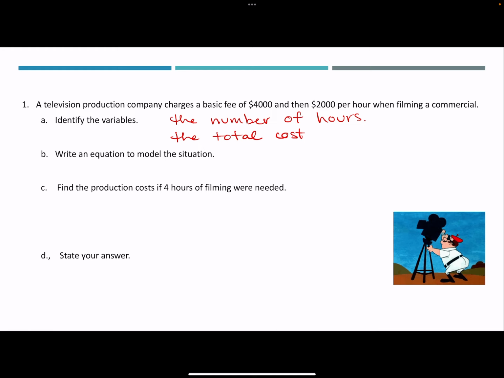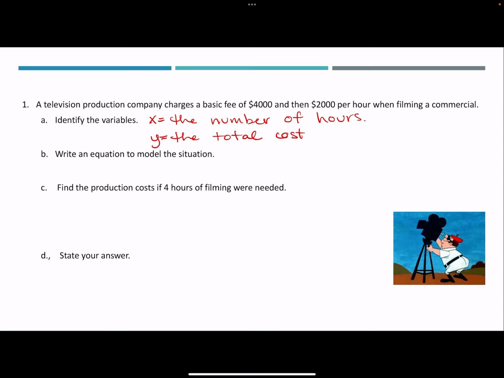We've talked about independent and dependent variables before, and we always say that your X variable is your independent and your Y variable is your dependent variable. In this case, which one affects the other? The number of hours is going to affect the total cost. So the number of hours is your X and the total cost is your Y. X is the independent variable and that affects the dependent variable Y.